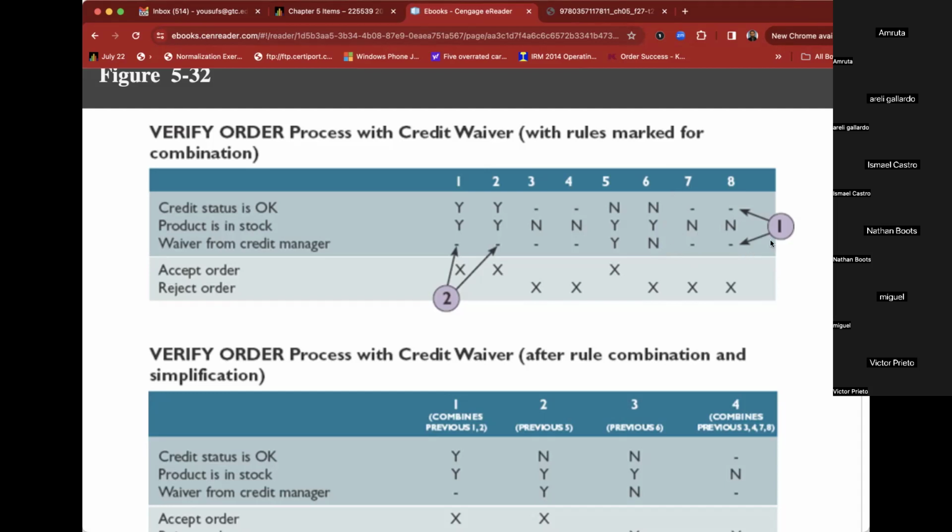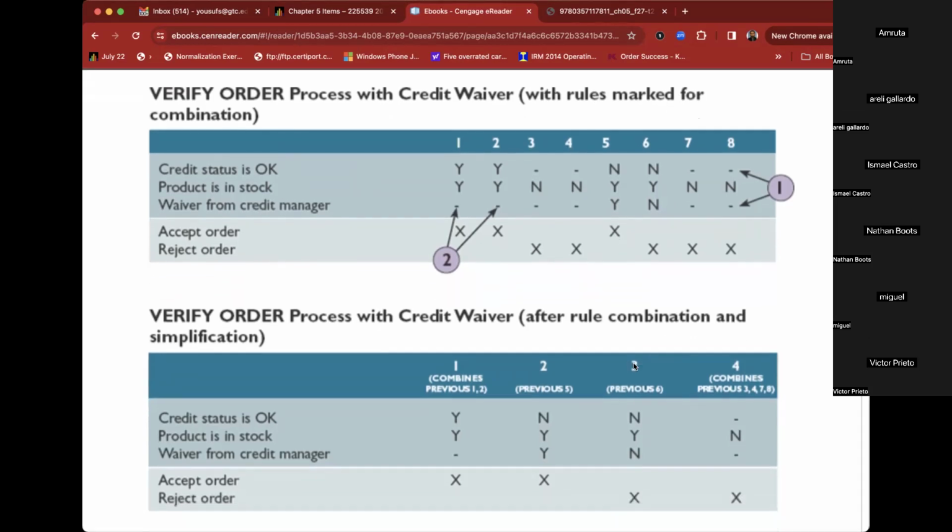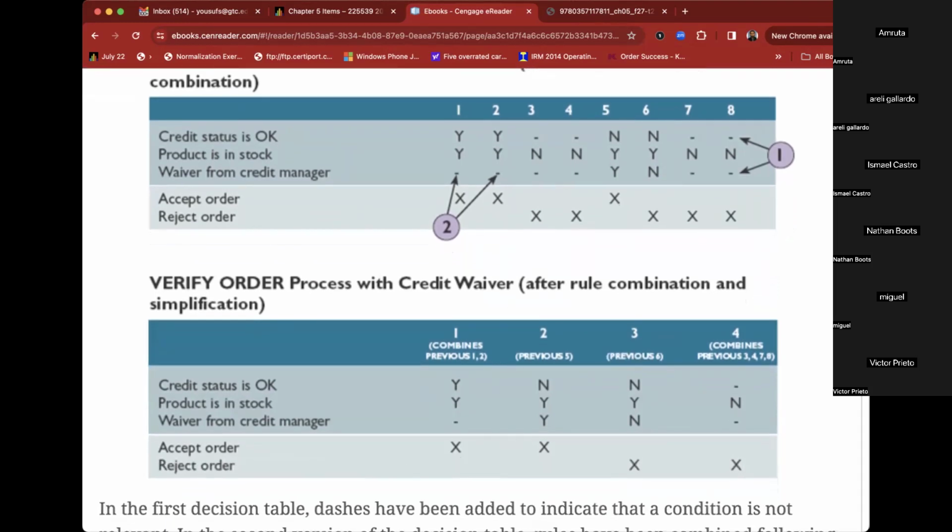Right? Okay. Now, if you look at all these 8 conditions, how many unique conditions can you identify? Only 4. Columns 1 and 2 are exactly the same thing. Columns 3, 4, 7, 8 are exactly the same thing. Column 5 and 6 are unique. As a result, we came up with this table.